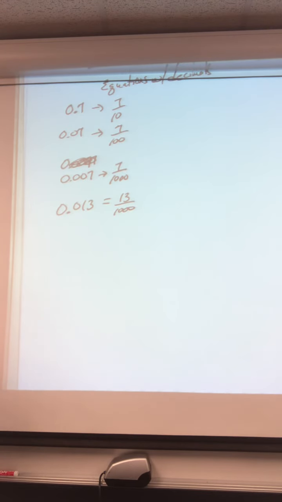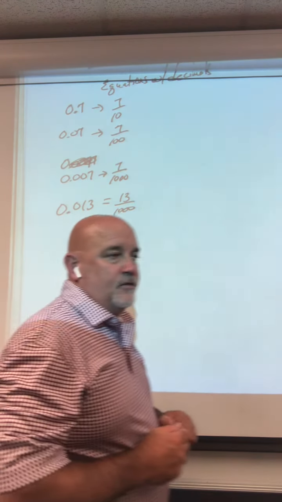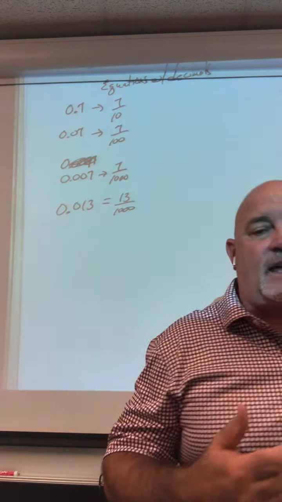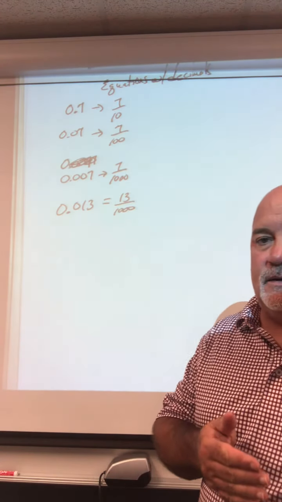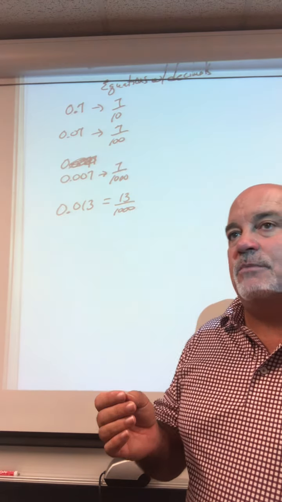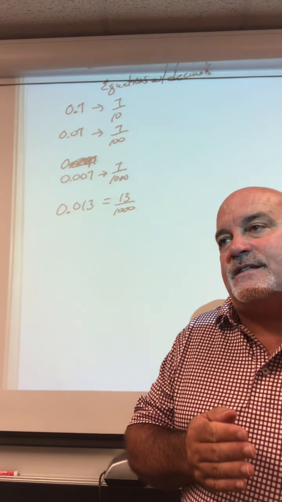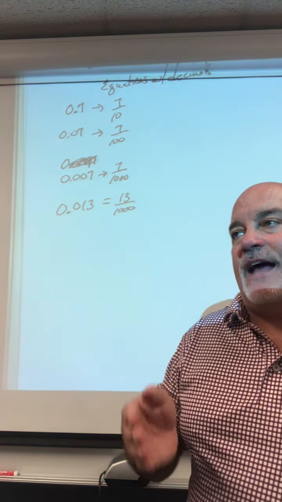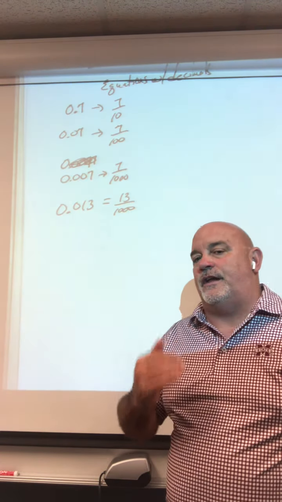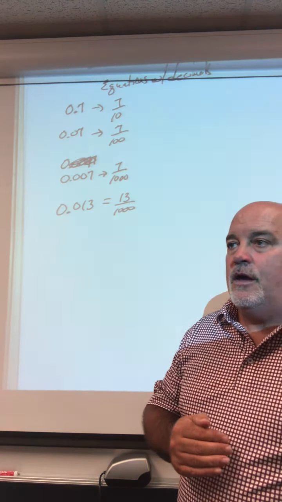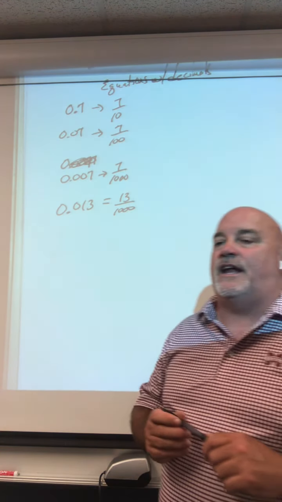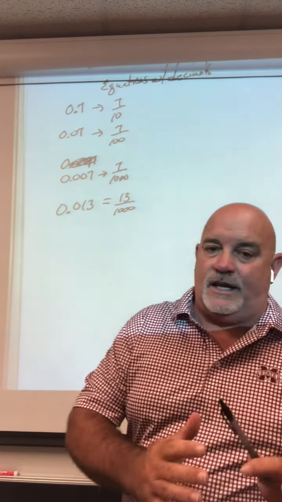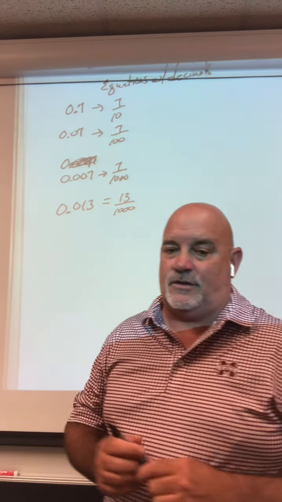So what is a decimal? It's just simply a fraction. So a decimal that is to the tenths place is a fraction with a denominator of 10. A decimal where the last place is in the hundredths place is equivalent to a fraction with a denominator of 100. So if a problem has decimals in it, that just simply means the denominators are either 10 or 100 or 1,000.